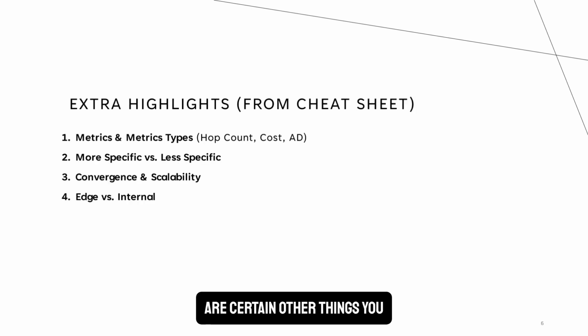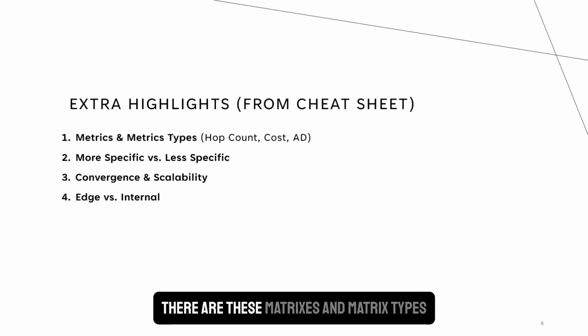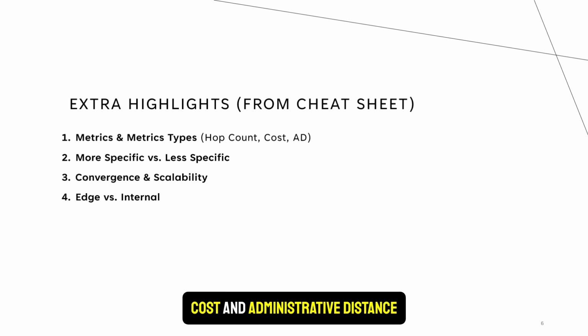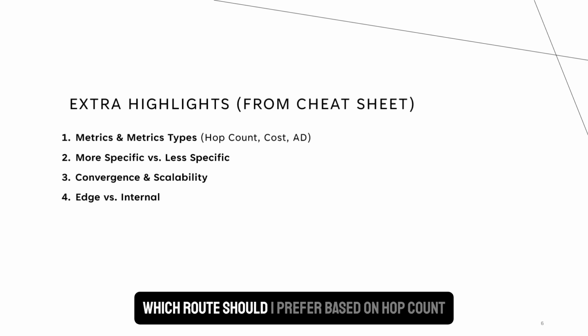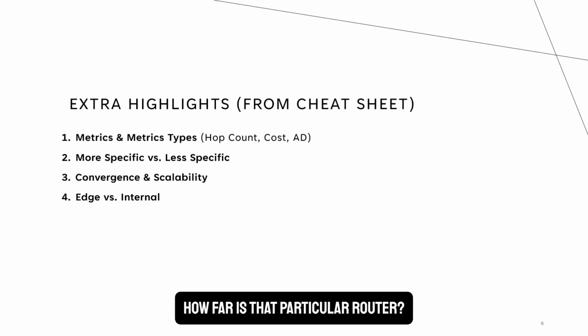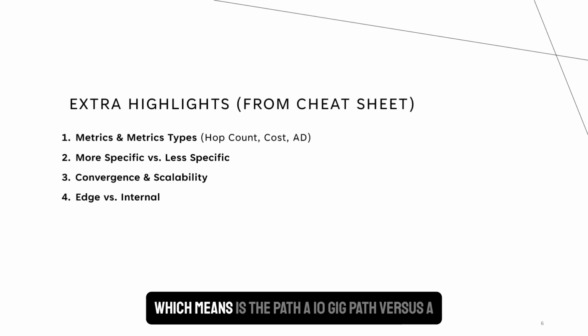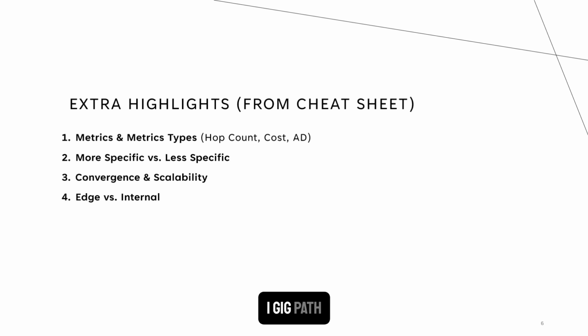There are certain other things you will see in the cheat sheet. There are these metrics and metric types, like hop count, cost, and administrative distance. What are these things? All these metrics are basically based on which route I should prefer: based on hop count, how far is that particular router; what's the cost, which means is the path a 10 gig path versus a 1 gig path.